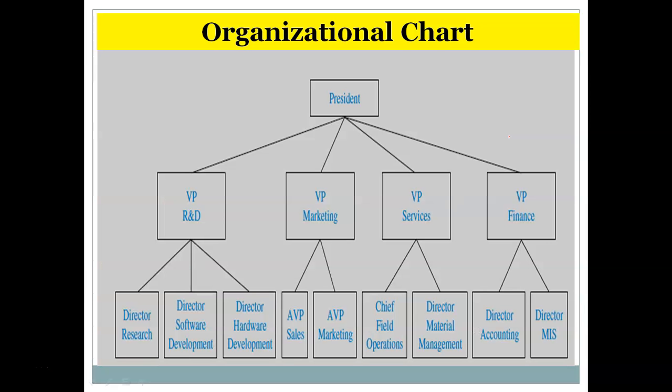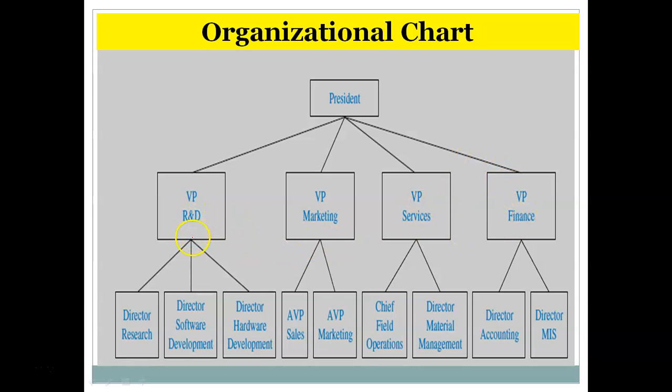Another example of a tree in real life is that an organizational chart can be modeled as a tree. For example, in a software company, we have one president, who is related to vice president research and development, vice president marketing, vice president services, and vice president finance.